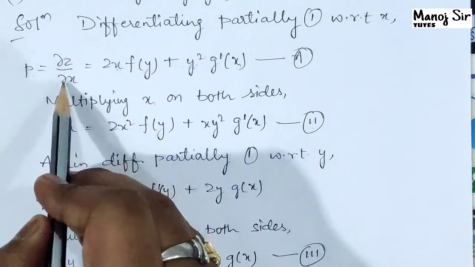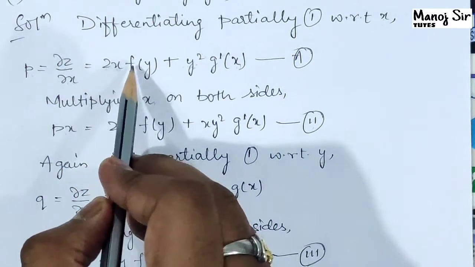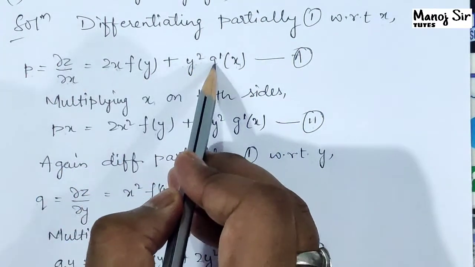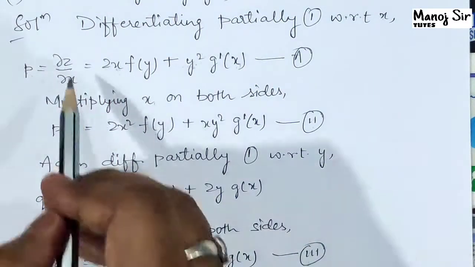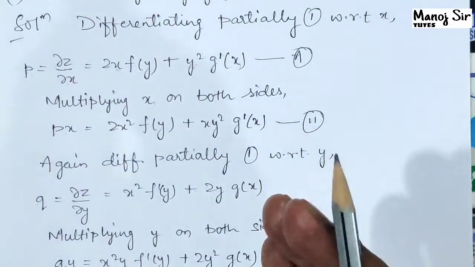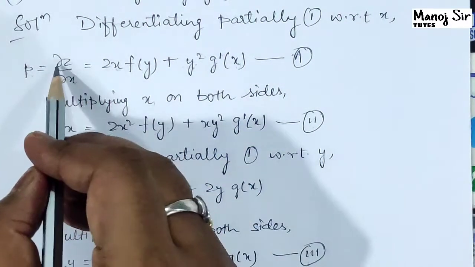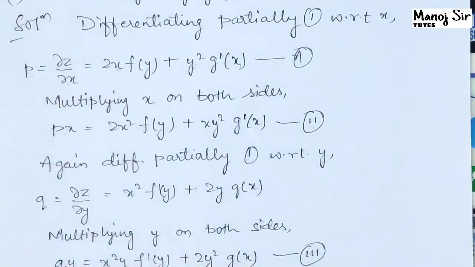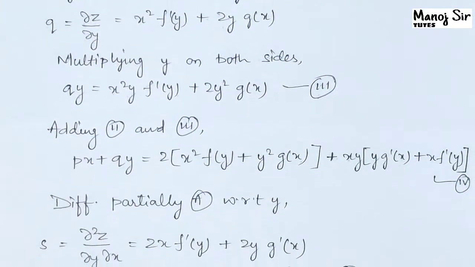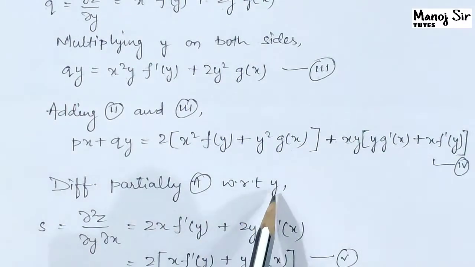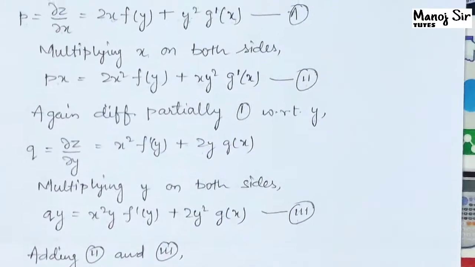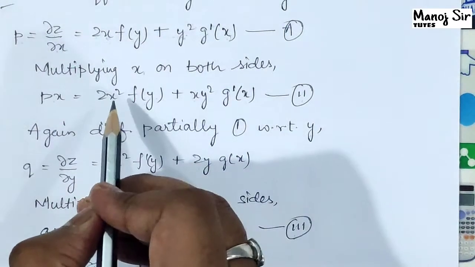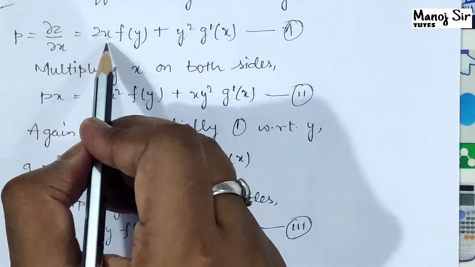This equation, that is del z upon del x equals to twice of x into f of y plus y square into g dash of x. Now, since we are differentiating partially with respect to y, this will become del square z upon del y into del x. Here again we have twice of x f of y.